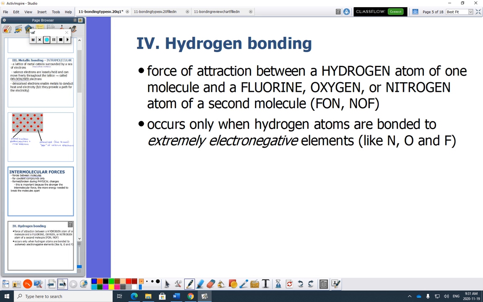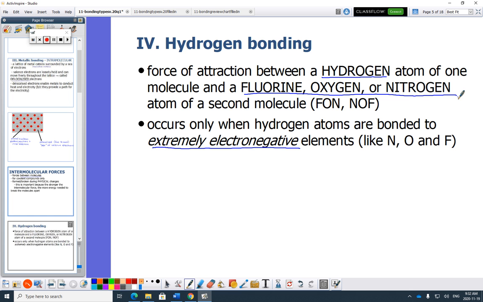So the reason the bond is almost ionic, almost on the edge, is because you have to have hydrogen, obviously, it's a hydrogen bond, but then you have to have nitrogen, oxygen, or fluorine. That's it. So these elements are so electronegative, so greedy for electrons, that they almost steal them from the hydrogen, fully like transferring, okay?